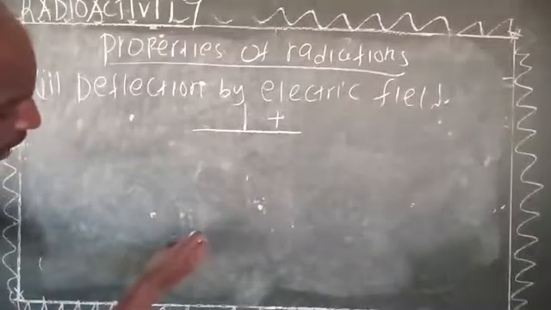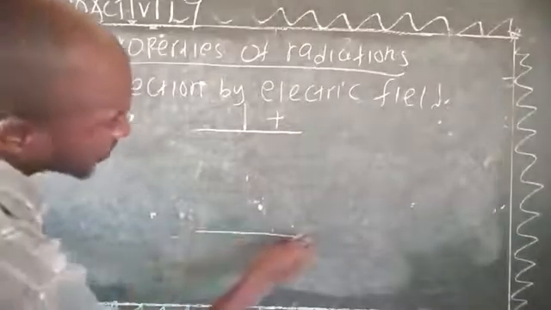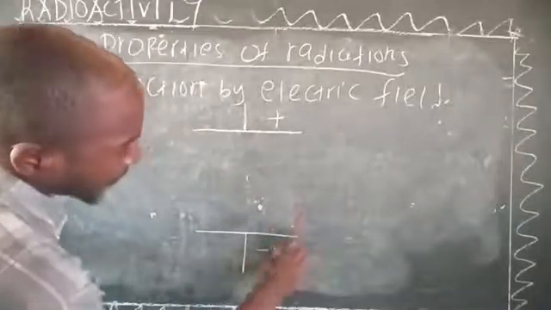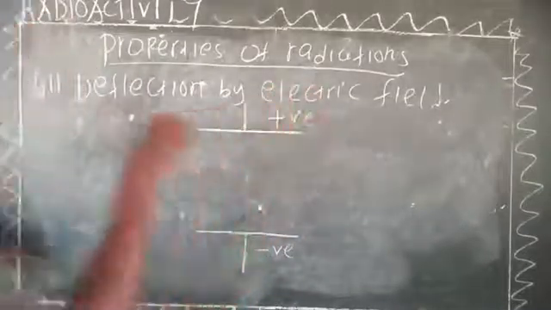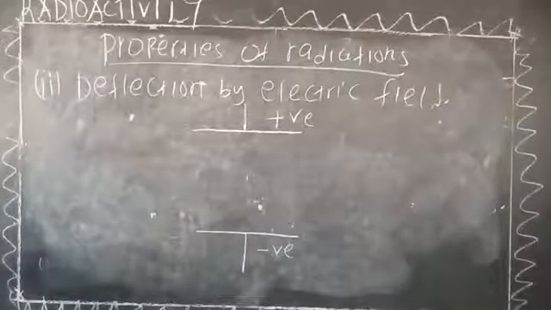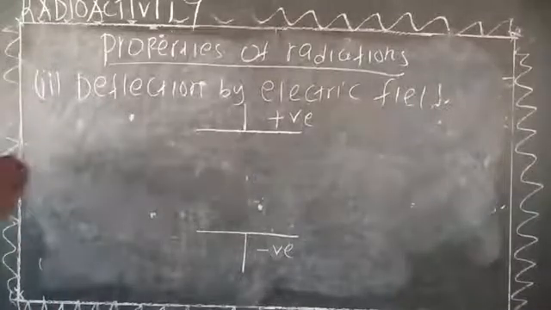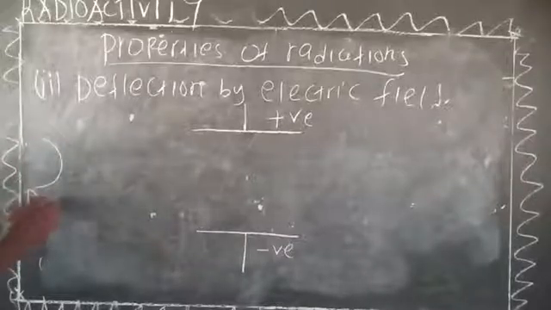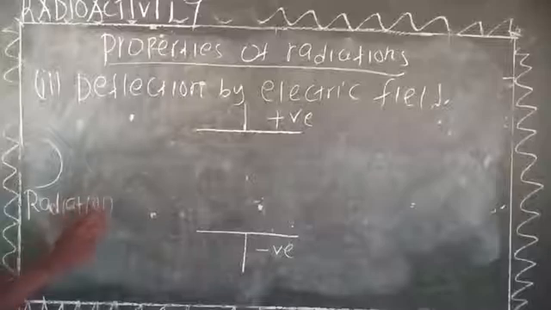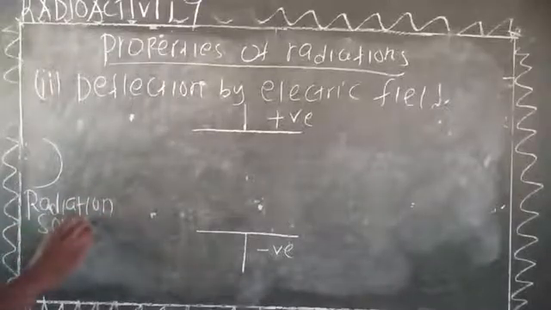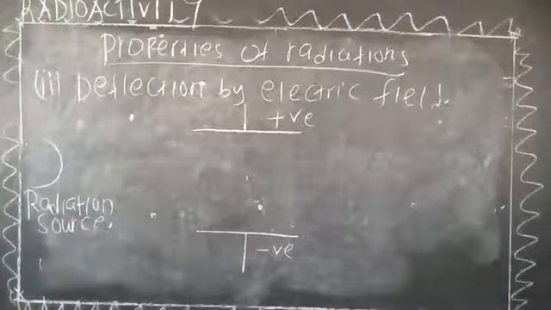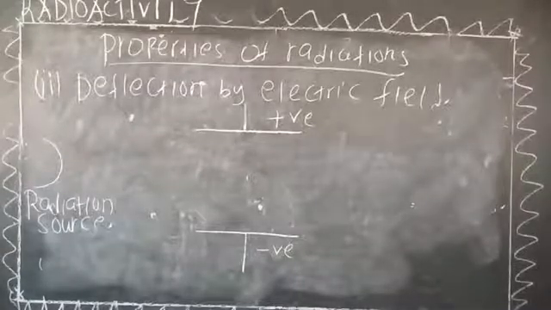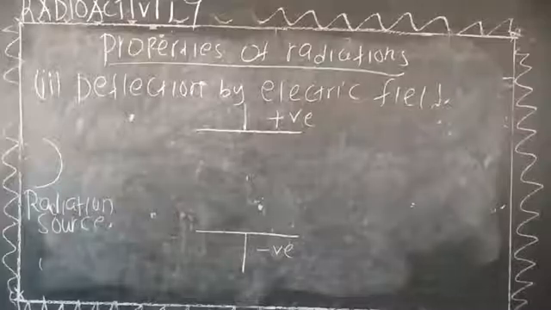We'll also draw another plate at the bottom like this, which represents the negative plate. We will also have what we call a radiation source on this end, where our alpha, beta, and gamma radiations are to come from.